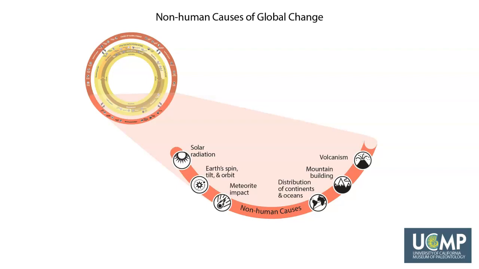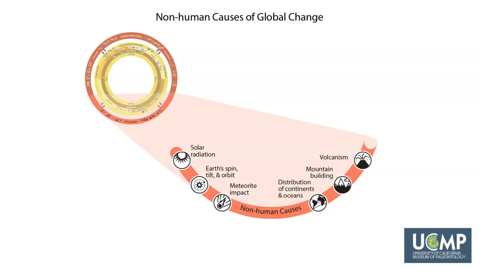Some of the non-human causes of change, such as variation in Earth's spin, tilt, and orbit, or changes in the distribution of continents and oceans, cause changes on timescales of tens of thousands to millions of years, and they do not explain the rapid global changes we are observing today. Events that cause rapid change, like meteorite impacts or major volcanic eruptions, are rare, but when they do happen, they can have catastrophic consequences throughout the Earth system.